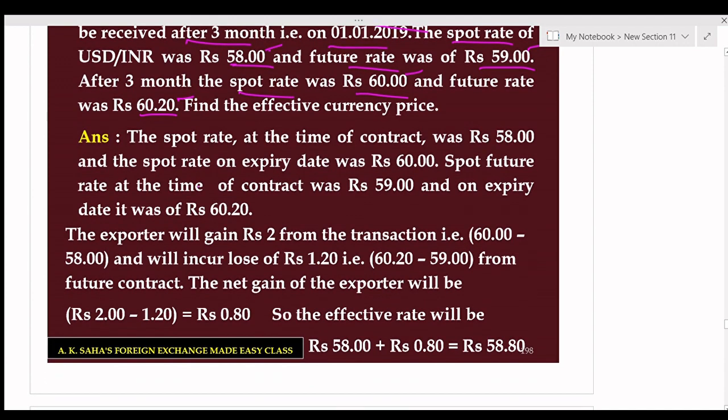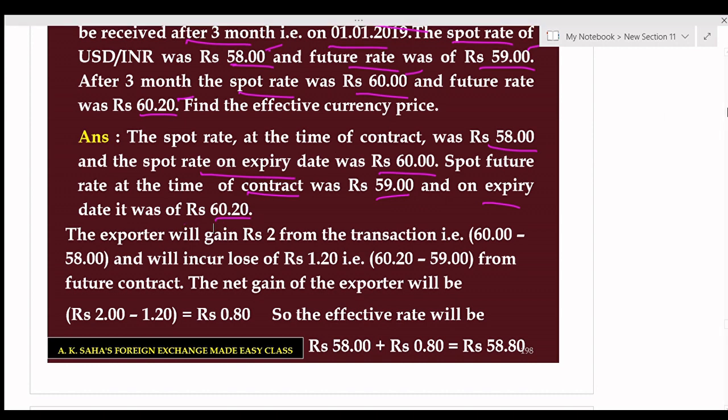The spot rate at the time of contract was rupees 58 per dollar, the spot rate on expiry date was rupees 60, and the spot future rate at the time of contract was rupees 59 and on expiry date it was rupees 60.20.